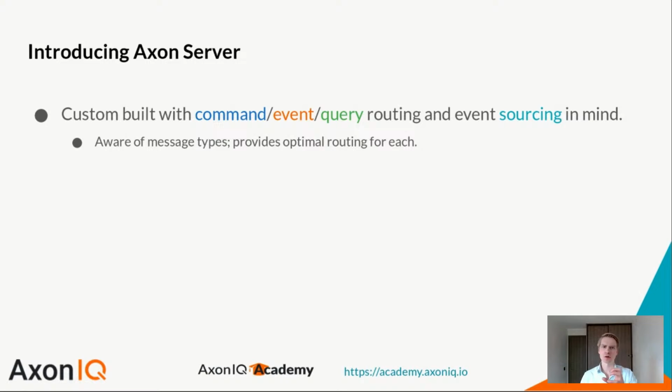And Axon Server doesn't need to know, it's not an enterprise service bus, right? It doesn't need to know about the content of messages. It just needs to know about the type of message. And for each of those types of messages, because it has its dedicated bus, it can use the correct routing pattern and service discovery to get that command, event, or query from A to B, and potentially get the result back as well. So it's really built up from the ground with that in mind.